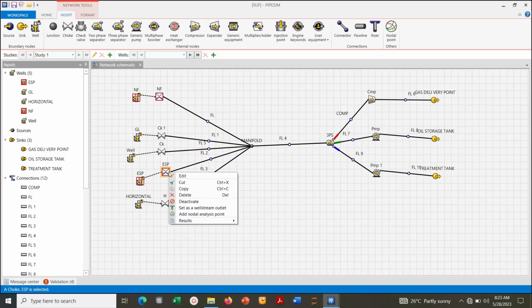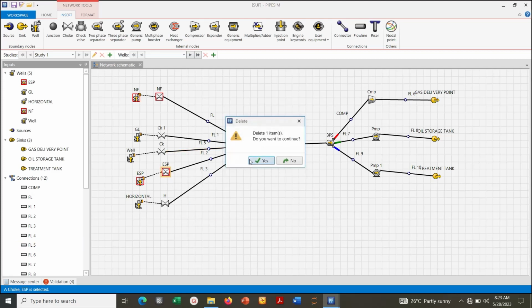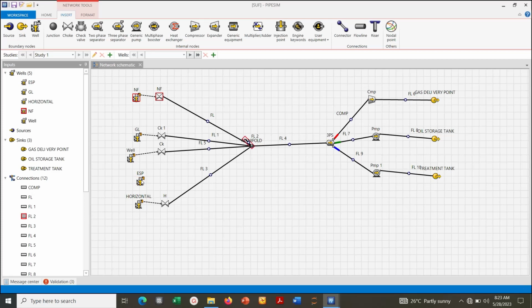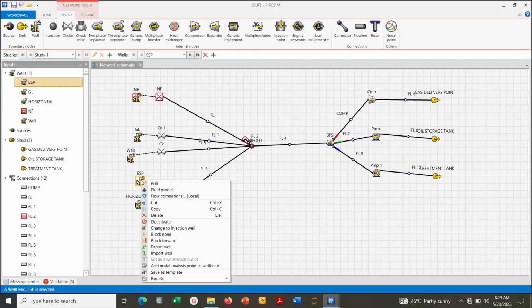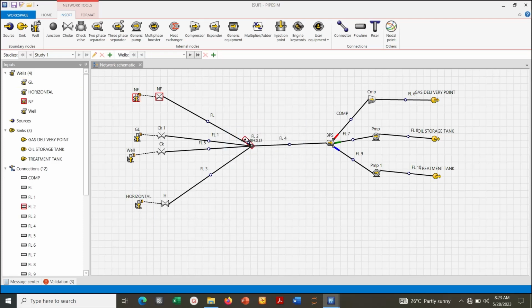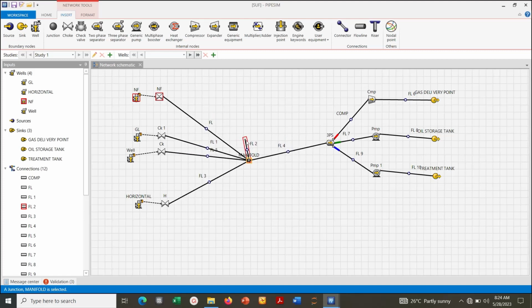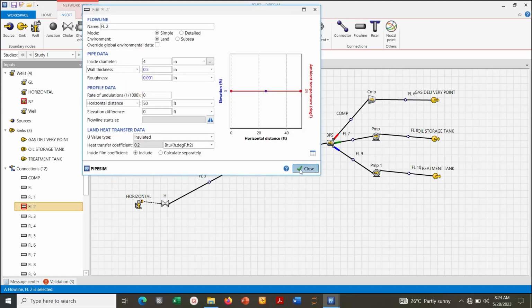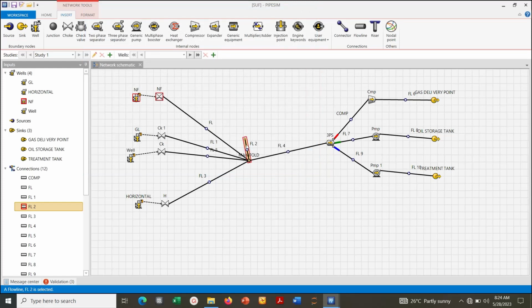And we have to delete this one. Have to delete this one. Also delete the flow line.